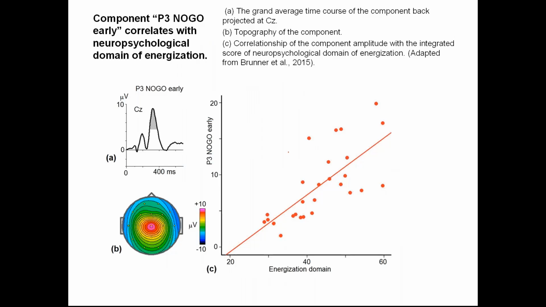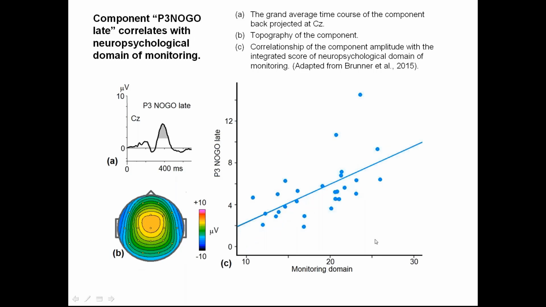From this battery, we extracted parameters of energization, or energizing, and monitoring, and we were able to show that parameters of energizing extracted from this neuropsychological testing correlated specifically and selectively with one component, but not with the other component, and the parameters of the monitoring neuropsychological domain correlated with the amplitude of the other component.